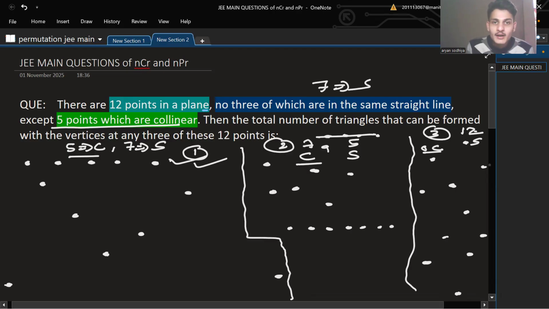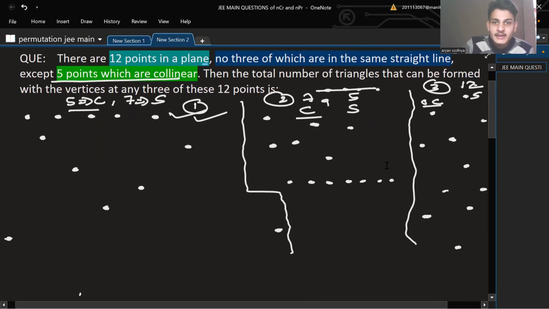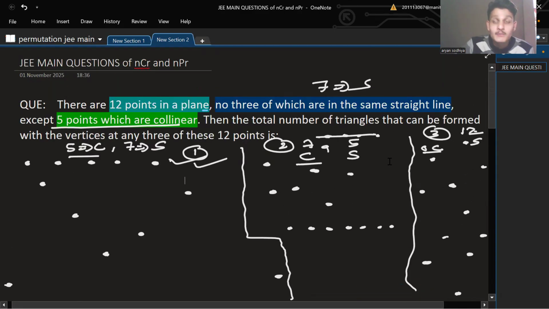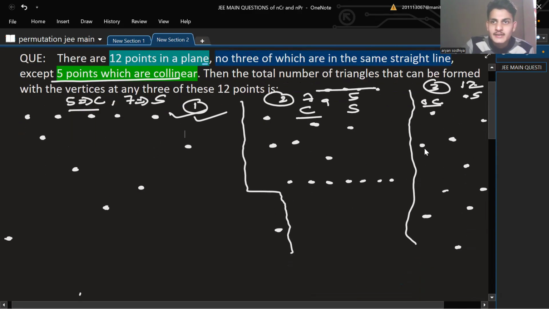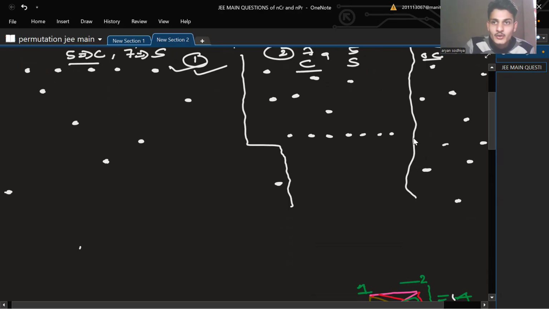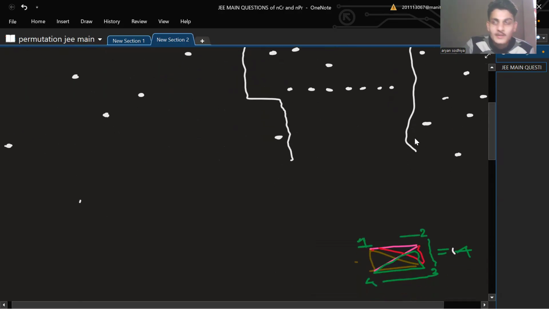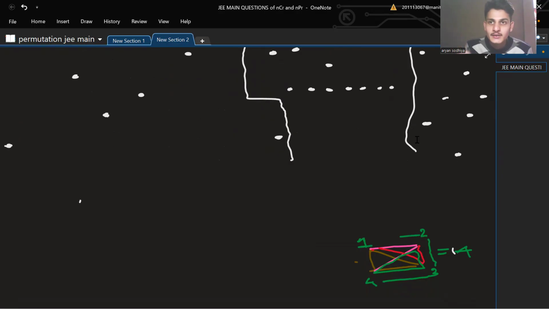So we now need to find the total number of triangles that can be formed with the vertices at any of these 12. Before discussing the 12 points with collinear points, let's think about the intuition that can be used here. If I want to draw a triangle out of many points, how can I draw it?